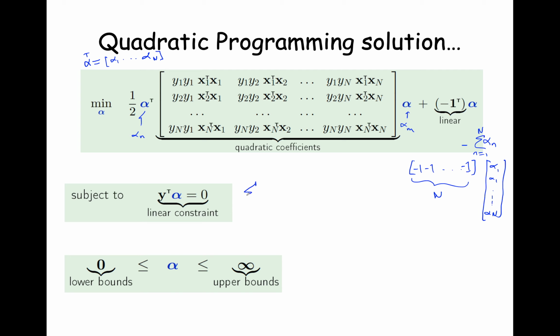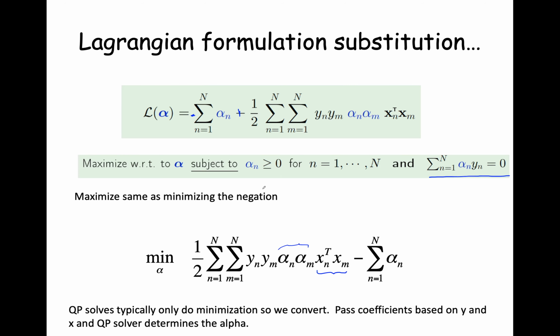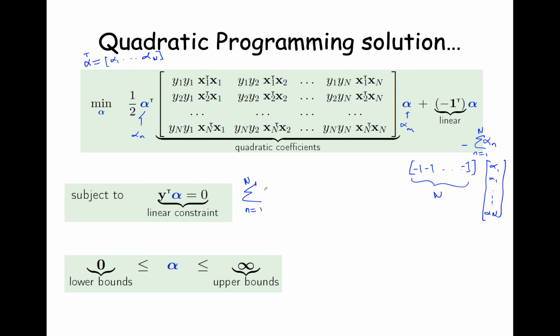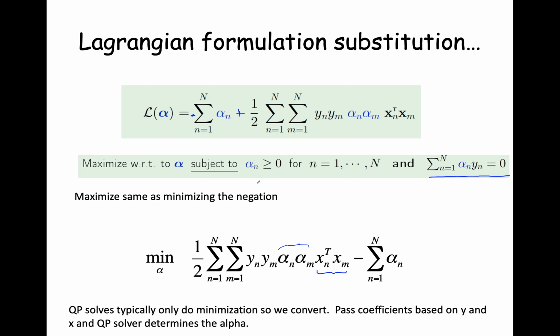That implements our sum, n goes from 1 to big N, of all my alpha n's yn. So this set of constraints said the sum of all the alpha n's yn equals 0. That's what our constraint was.